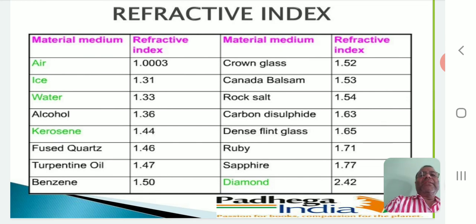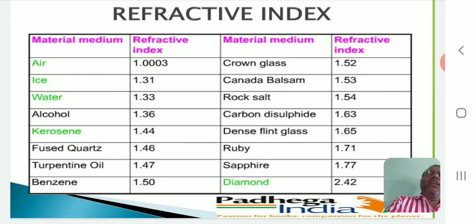So suppose we take air and water. Here the refractive index value of air is given as 1.0003 and that of water is 1.33. Now just imagine, out of air and water, which one is thicker? Very clear, water is thicker. And as we are observing here, the refractive index value is 1.33, which is more than that of air.